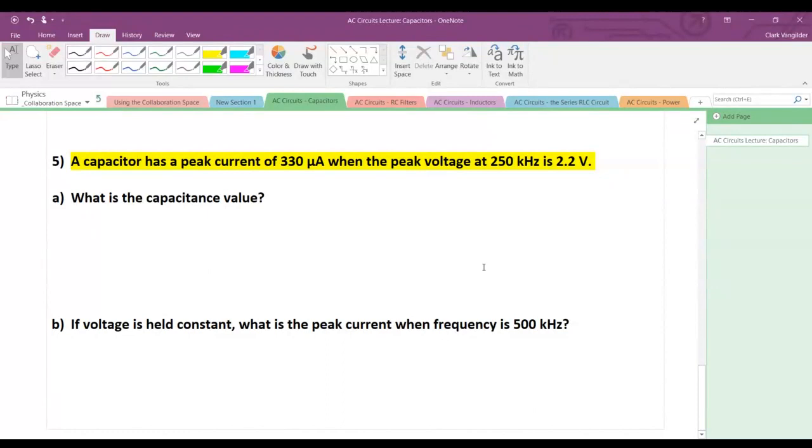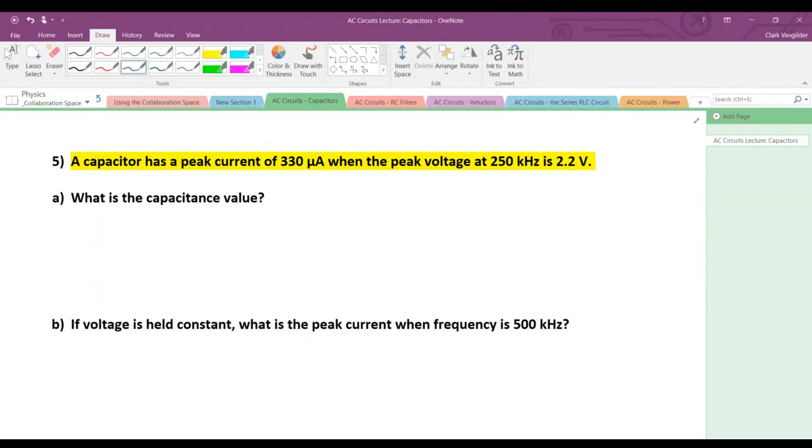All right. A capacitor has a peak current of 330 microamps when the peak voltage at a frequency of 250 kilohertz is 2.2 volts. What is the capacitance value?